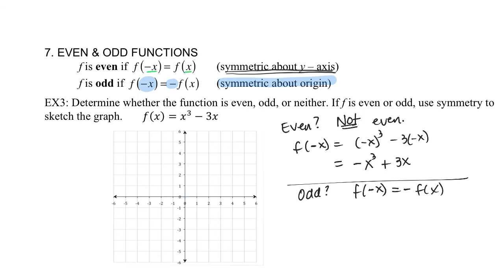Okay, so when we did the opposite of our input, what we got out was negative x cubed plus 3x, and that is the same as taking a negative 1 times x cubed minus 3x. So that's the same thing as the opposite of the function itself. So yes, this is odd.